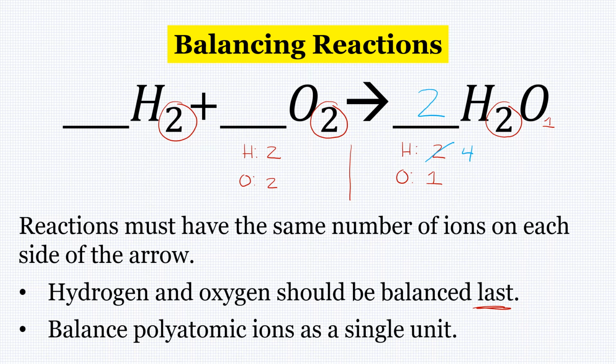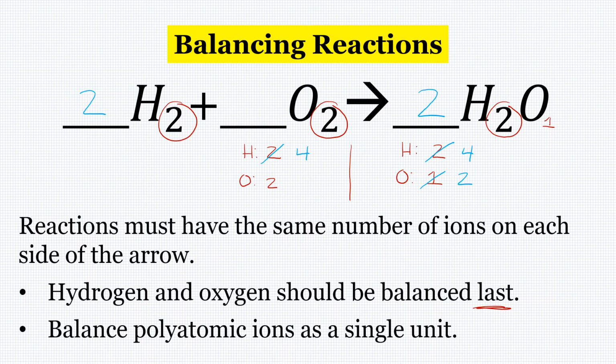So I now have 4 hydrogens on the right and 2 oxygens on the right. Now my oxygens are balanced, but my hydrogens are now out of sync. I've got a 4 on the right, a 2 on the left. So I'm going to put a 2 in front of the H2. So this now becomes 4 hydrogens.